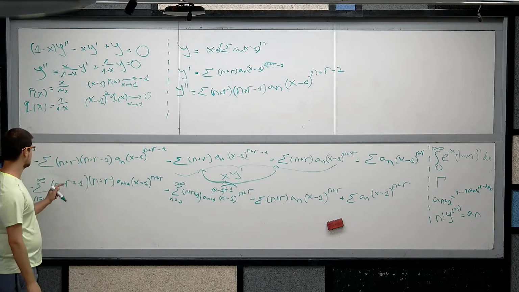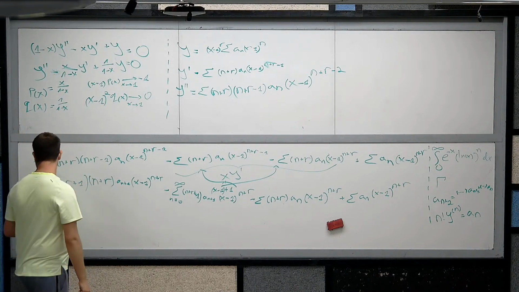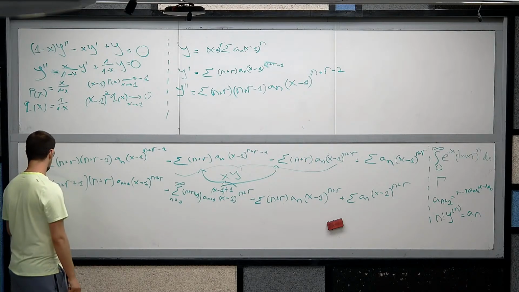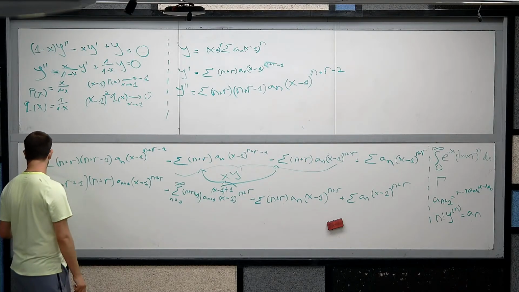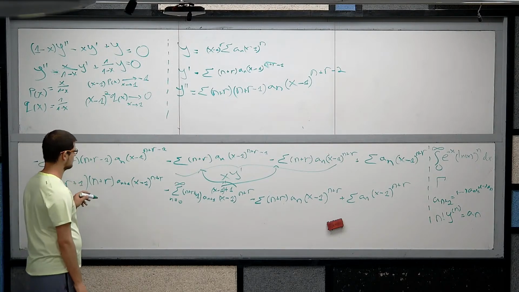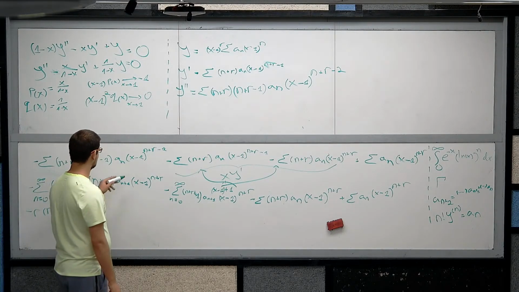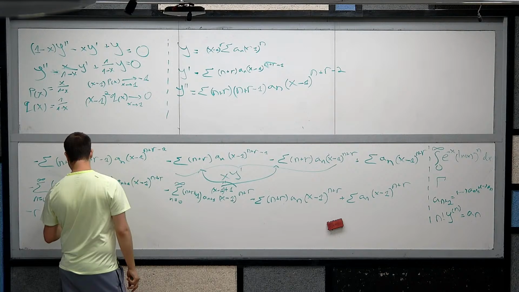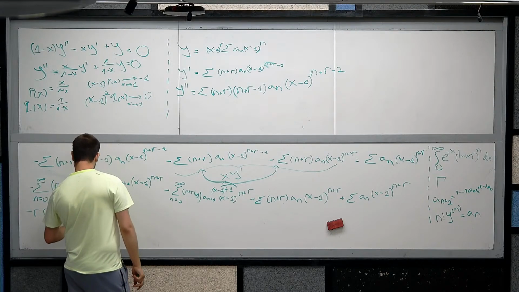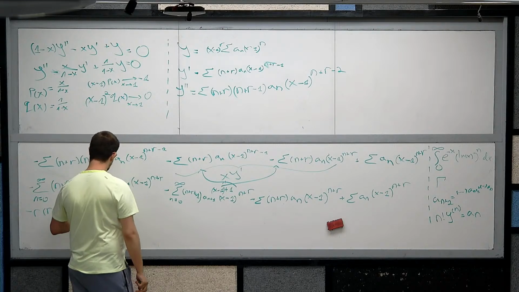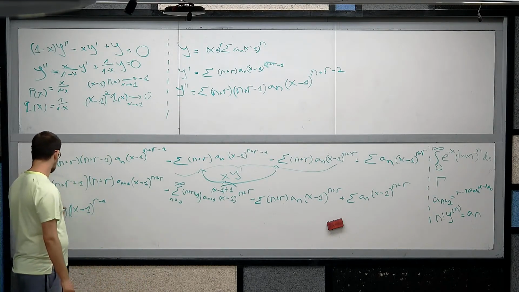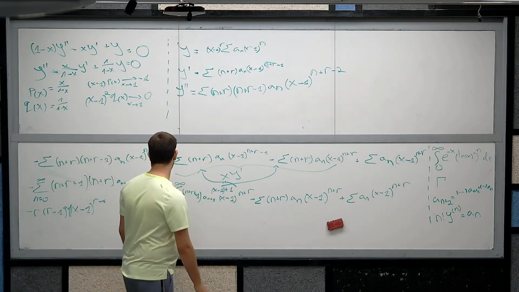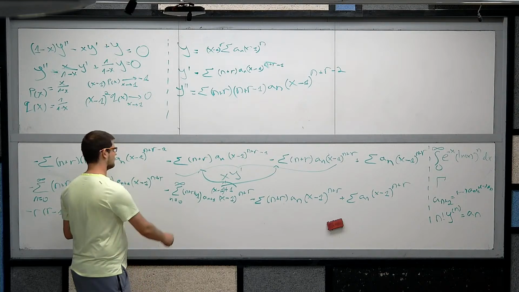So what we get is r times r minus 1, with a minus sign, times x minus 1 to the r minus 1, times a0, and from that I'm getting the exact same thing.